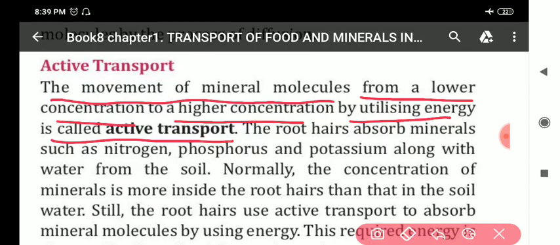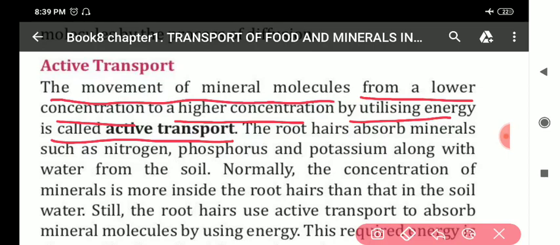Active transport means movement of molecules from their lower concentration to a higher concentration by utilizing energy of the cell. This is known as active transport. Clear?